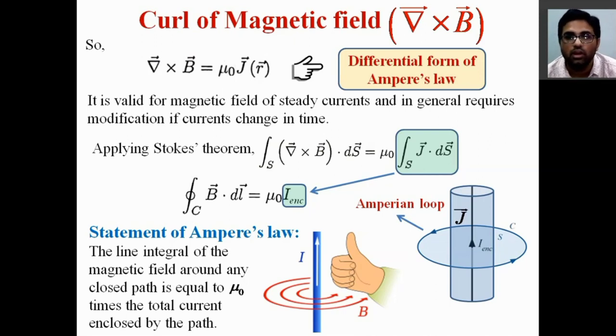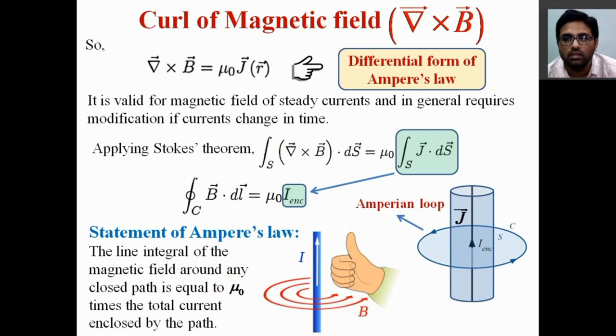Okay, for example, for a long straight current carrying wire, to find out the magnetic field at different outside points, we have to draw concentric circles of different radius through those points where we want to find out the magnetic field.